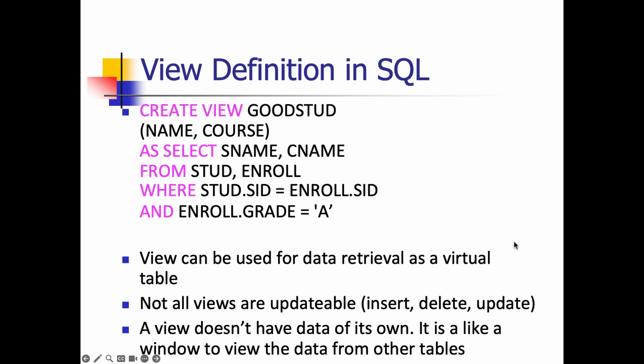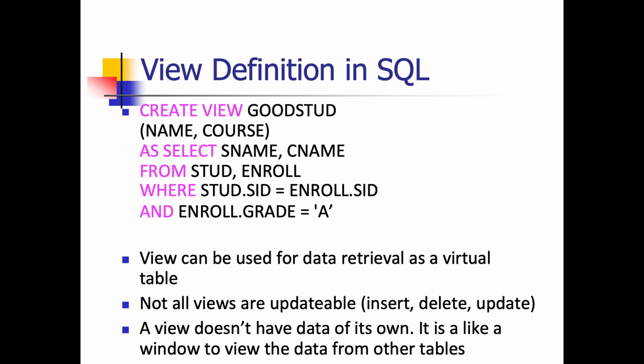So you can use a view for data retrieval as a virtual table. For example, if you want to find all the students whose grades are, for example, A and enrolled in a specific year or major, you can store them in a view, okay? So this is a very simple view just for demonstration purposes that is storing good students in one view.